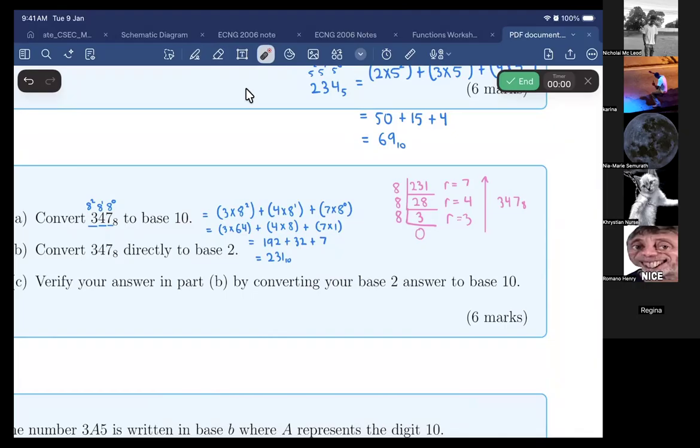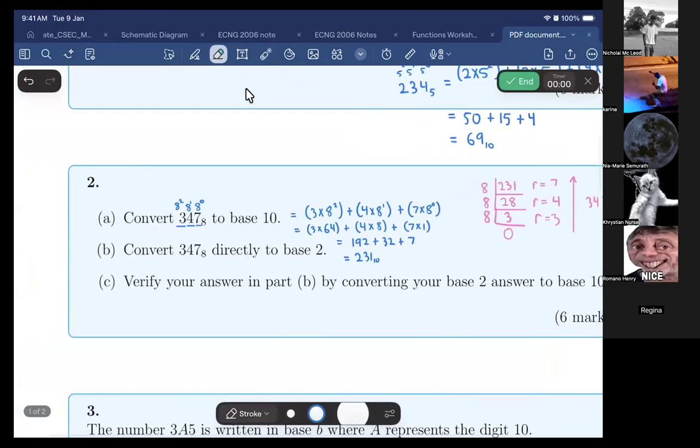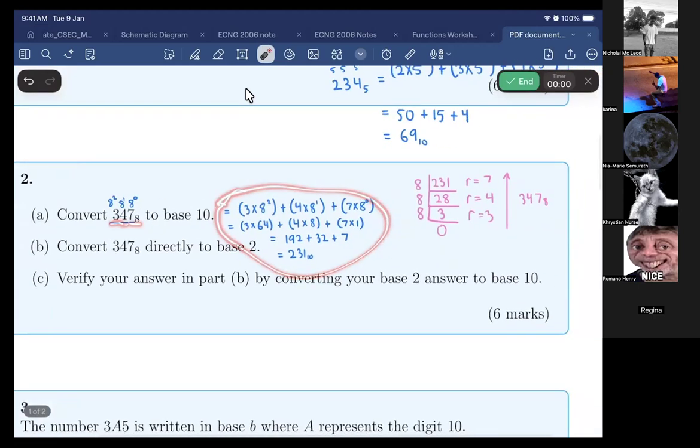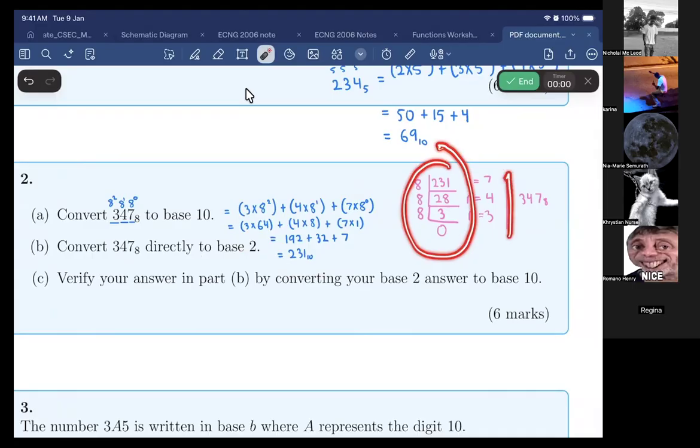But for now, just know this. If you want to convert something to base 10, you're looking at the place values and multiplying. If you're converting something from base 10 to any other base, you do repeated division. And then you just put the remainders in order from last to first. And that's how you do it.